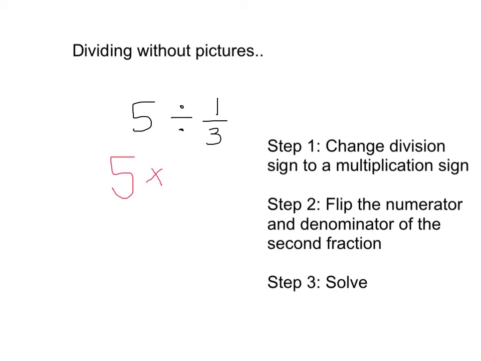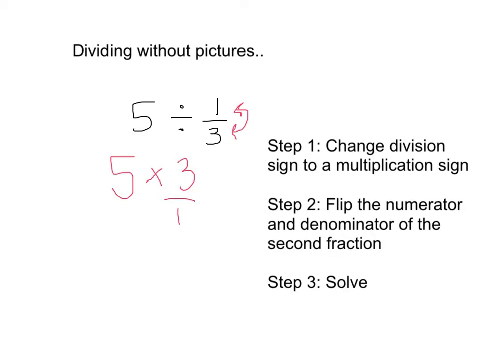Now look at step number 2. I want you to flip the numerator and the denominator of the second fraction. So I'm going to take this 1/3, and I'm going to now have my 3 become the numerator and the 1 become the denominator. Now my new problem reads 5 times 3 over 1.